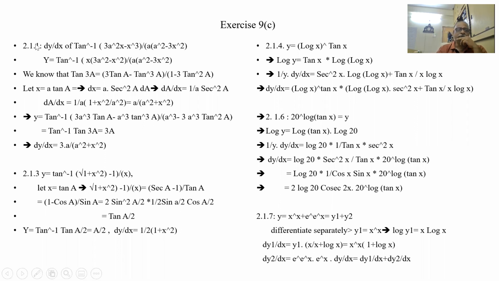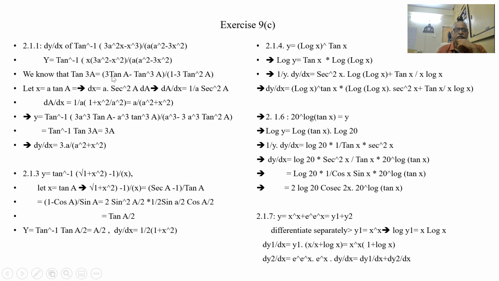Let us see this. Tan inverse of this, we want dy by dx. I'm taking x out here: x into 3a square minus x square, by a into a square minus 3x square. What is tan 3 theta?